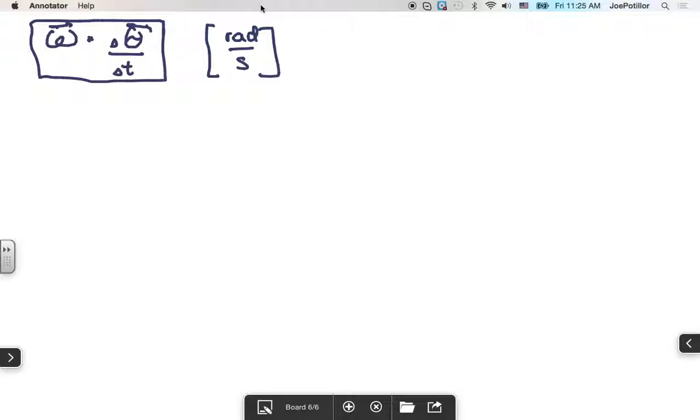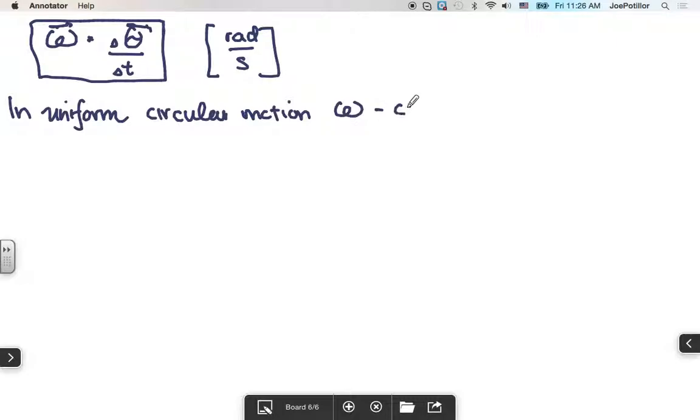And of course, since in rotational motion linear velocity is not constant, but the angular velocity is constant. Okay? So this is the point. In uniform circular motion, omega is constant.